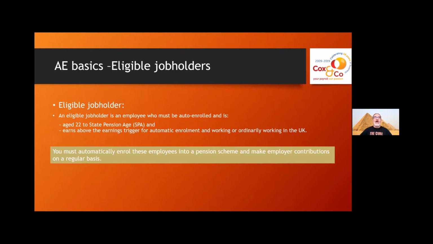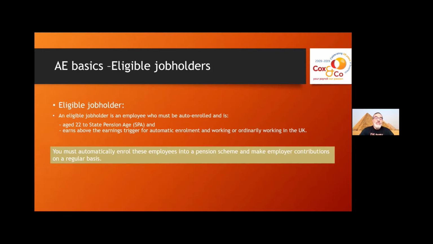It does seem to come back into alignment now where it often sits on a birthday, and I guess ultimately it will. But wherever that sits, that is the point that's important. So to be an eligible job holder, you must be between the age of 22 and state pension age.